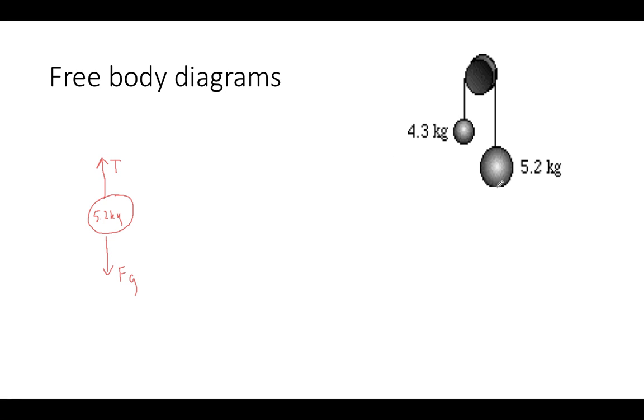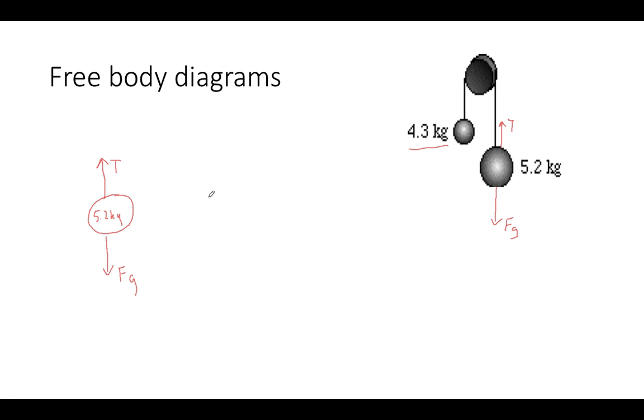So this mass has a force Fg pulling down, and the 4.3 kilogram mass is pulling it in the opposite direction, and so there's a tension force acting upward.